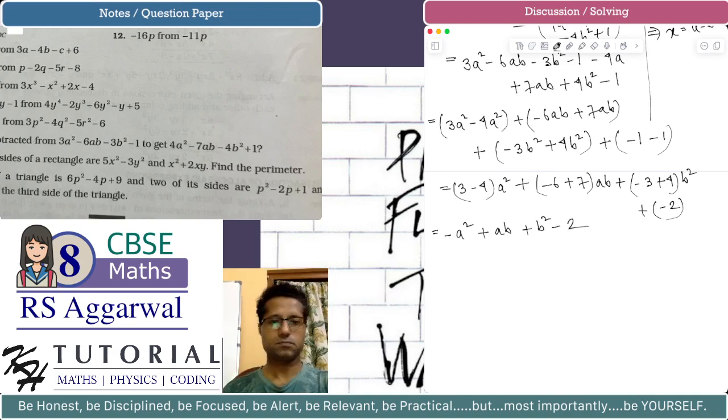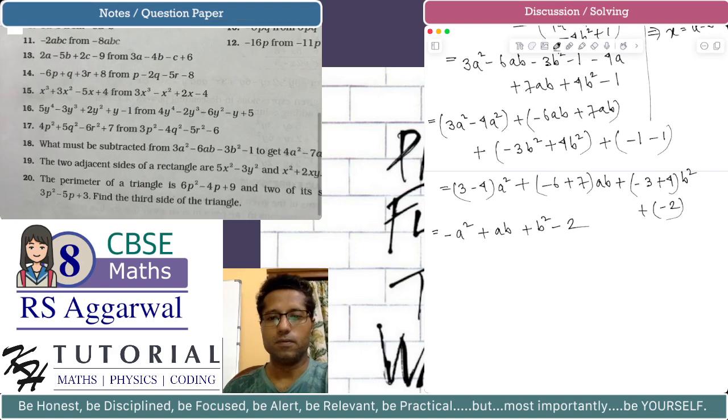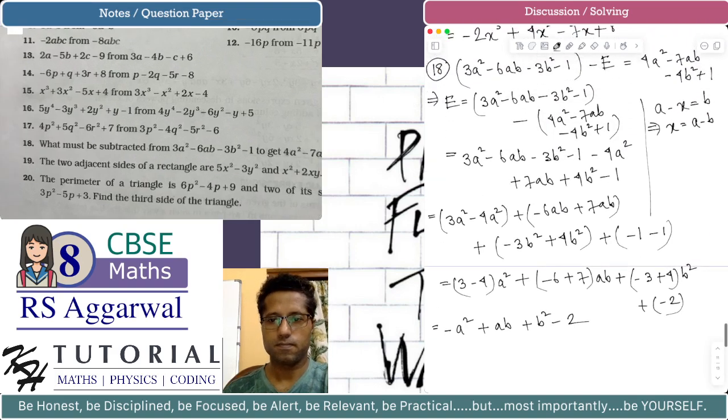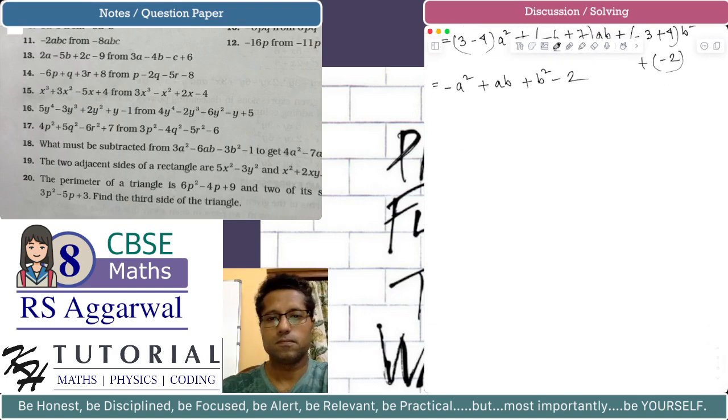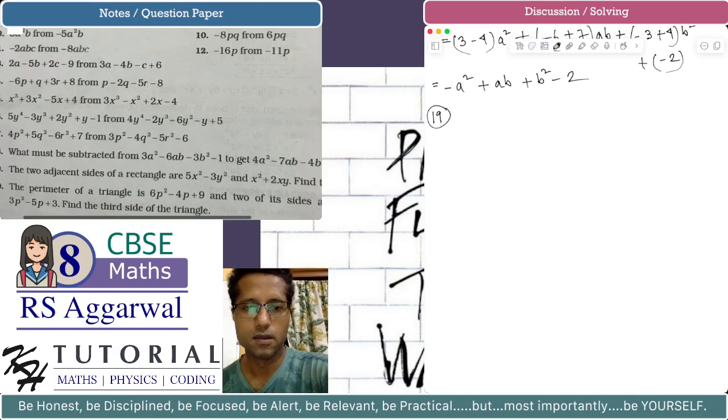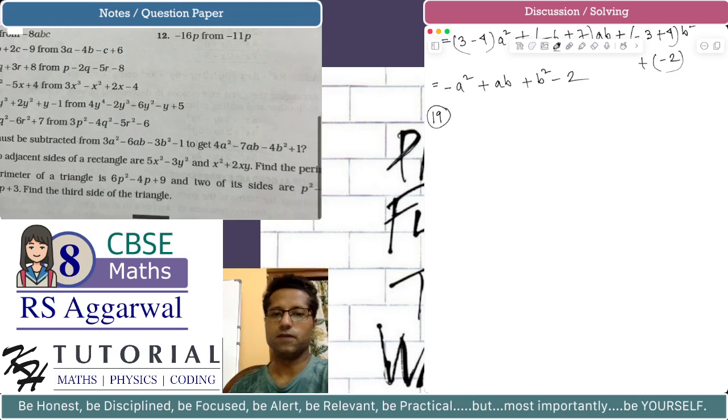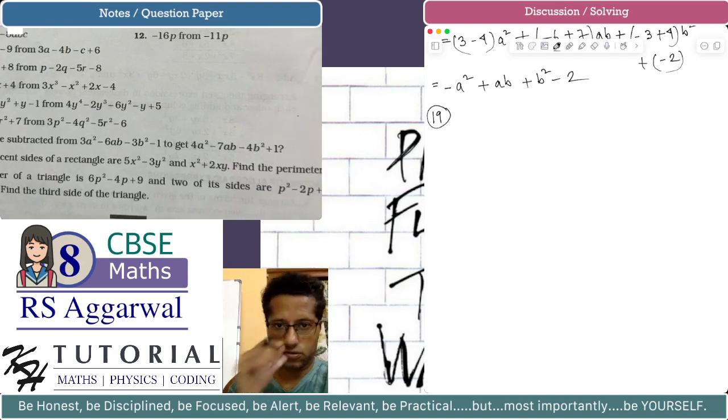Okay, let's do problem number 19. It says that the two adjacent sides of a rectangle are 5x square minus 3y square and x square plus 2xy. The two adjacent sides of a rectangle mean the length and breadth.